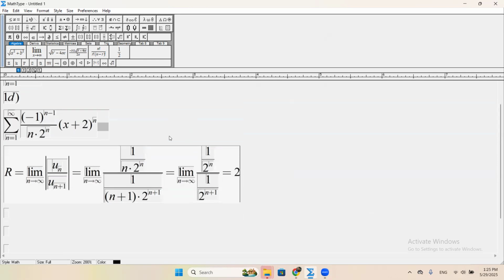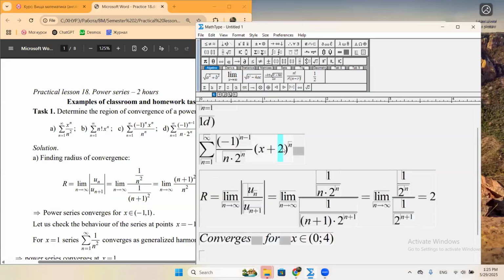And now what do we have to do? So, writing down the convergence region. Here we have the shift. So from 0 to 4, or not subtracting, but adding these two.